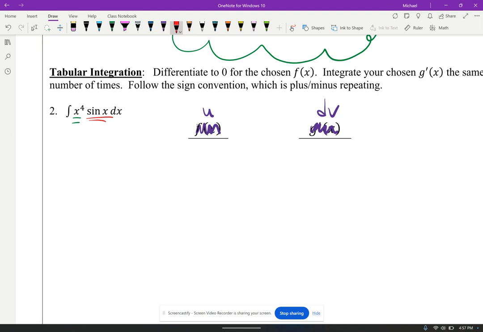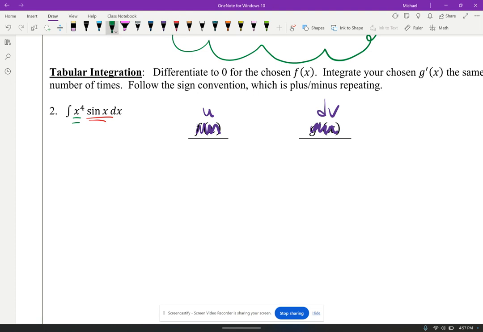And the other function, the x to the fourth, if we take derivatives enough times, it's going to go down to 0. The first derivative would be 4x to the third, and then 12x to the second, and then 24x to the first, and then 24, and then 0.